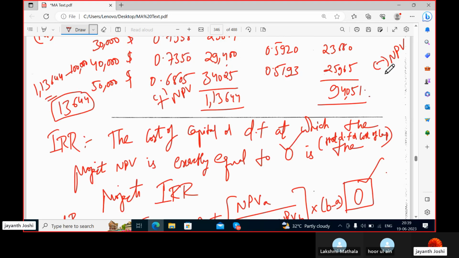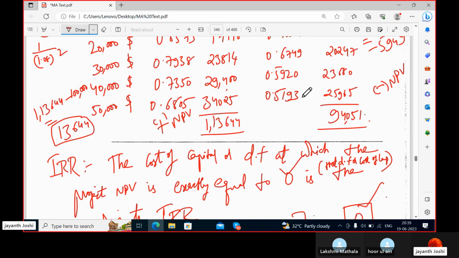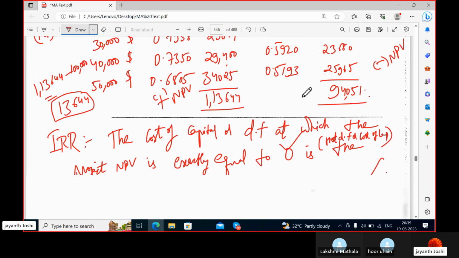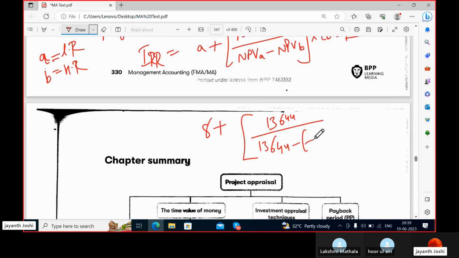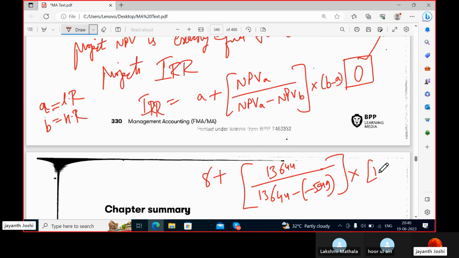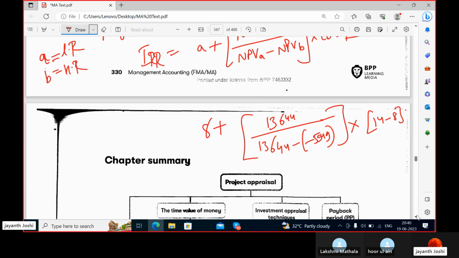Because you have a negative value here. So minus 5,949, so minus of minus will become plus 5,949, into the higher rate was 14 minus lower rate was 8. And if you calculate this, what answer are you getting, please tell me. I'm waiting.